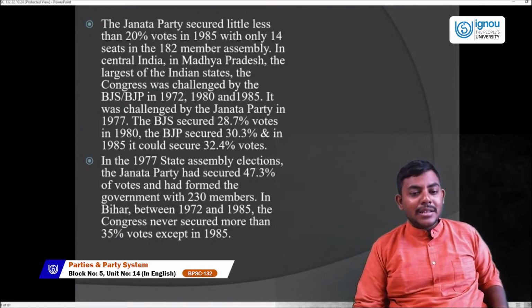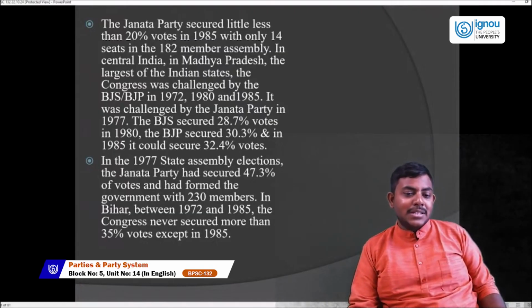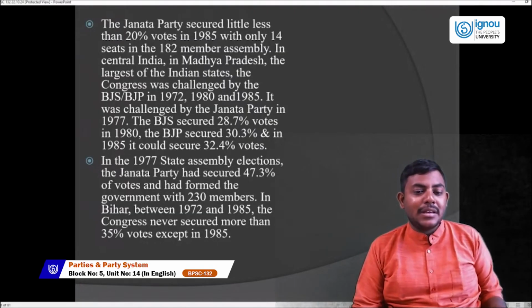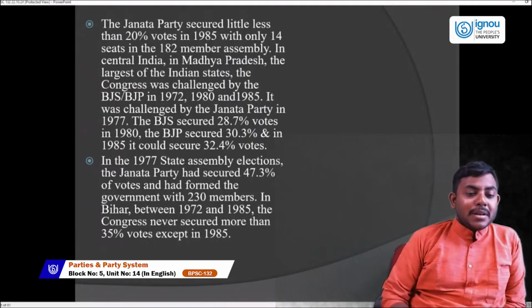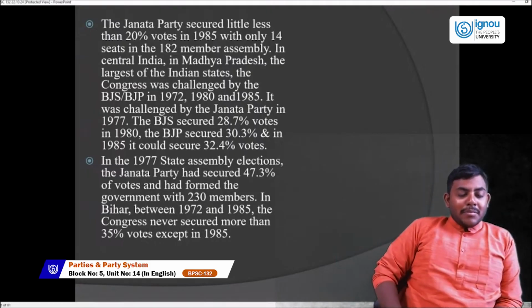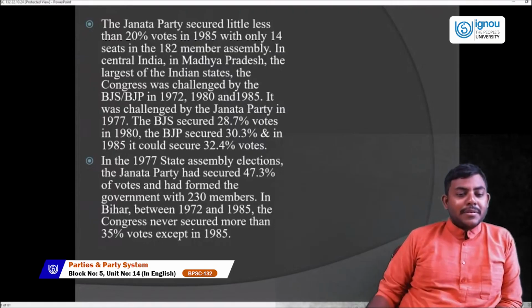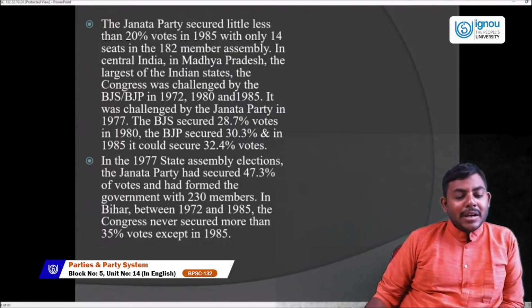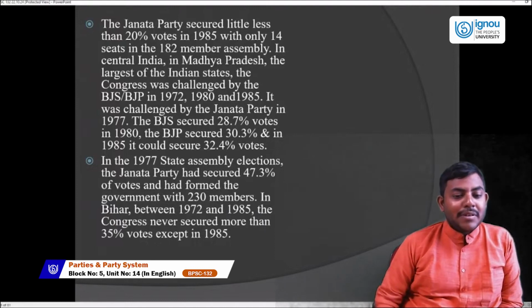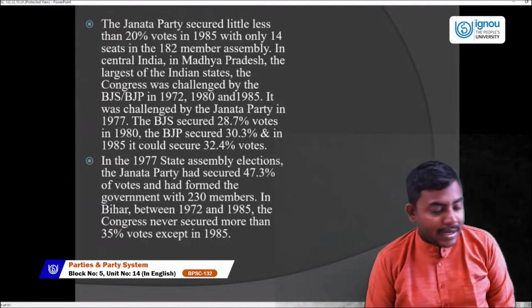In the 1977 state assembly elections, the Janata Party had secured 47.3% of votes and had formed the government with 230 members. In Bihar, between 1972 and 1985, the Congress never secured more than 35% votes except in 1985.